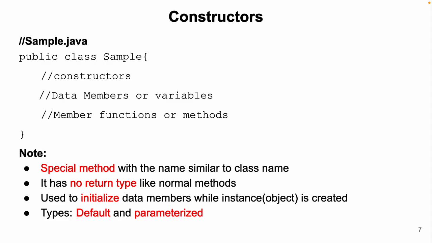The name of the constructor should be the same as the class name. It is a special method because it has no return type like our normal methods. The constructor doesn't have any return type, and it is used to initialize our data members when the objects are created.